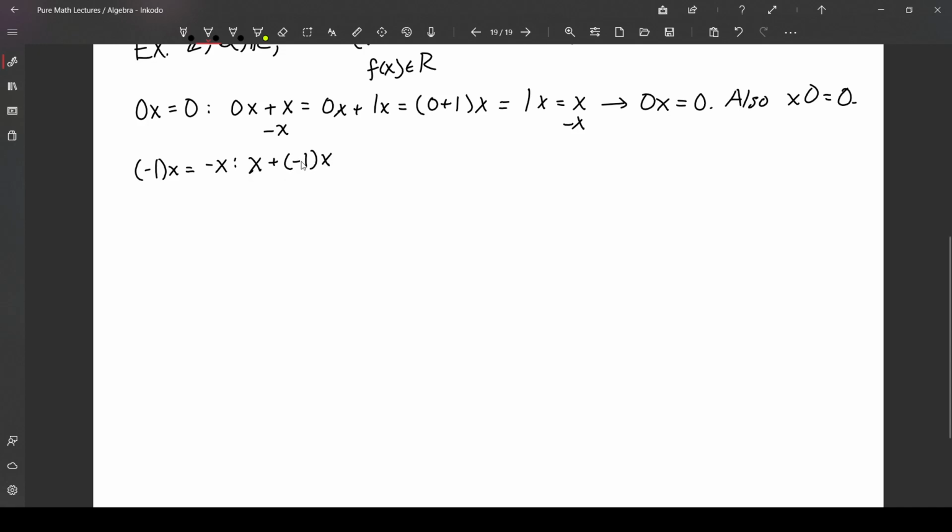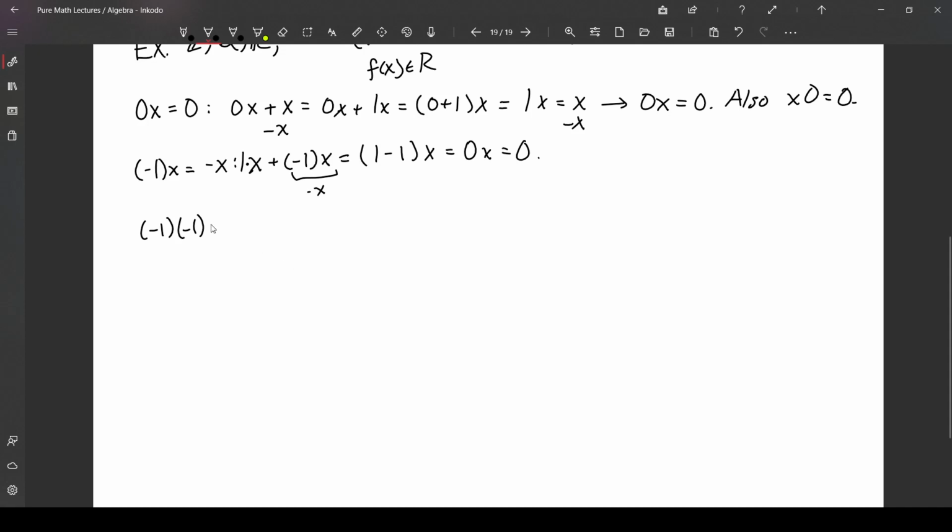So if this is equal to 0, then -1 times x is -x. And in fact, this is 1 times x plus -1 times x, so we can distribute, and we get 1 plus -1, or I'll just write 1 minus 1, times x. 1 minus 1 is 0, so we have 0 times x, which is 0. So therefore, this must be -x.